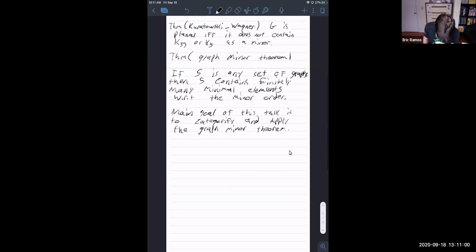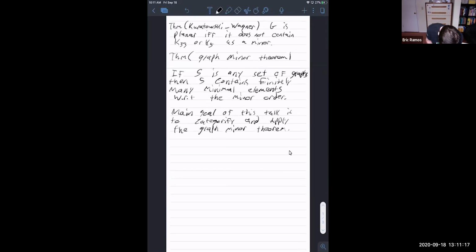Right. So the first challenge is somehow to actually create a category whose morphisms in some sense encode the minor relation. And this is the first technical challenge here.